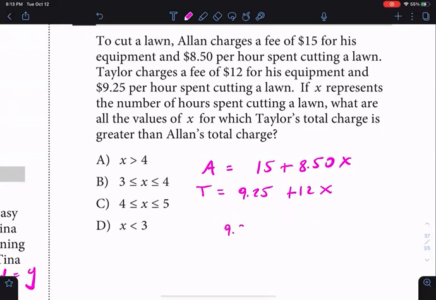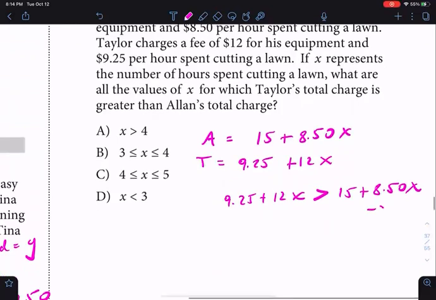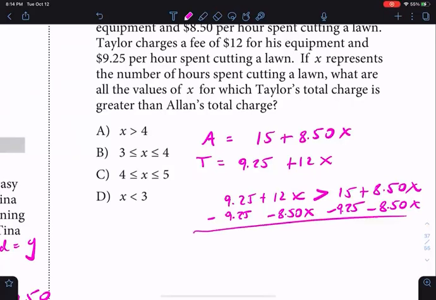So this is 9.25 plus 12X, greater than 15 plus 8.50X. So this is an inequality. Subtract 8.50X on both sides, and subtract 9.25 on both sides. So this cancels.